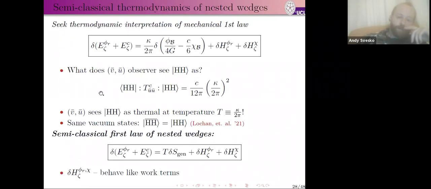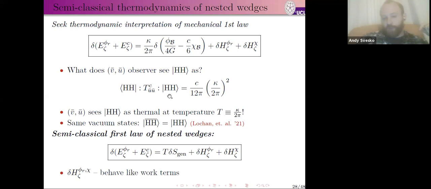Okay, but with the classical first law, we now want to try to provide a thermodynamic interpretation, which we can do since we've solved the problem of backreaction. And essentially what this means is we want to know what does a static observer in the nested wedge see the Hartle-Hawking state as.